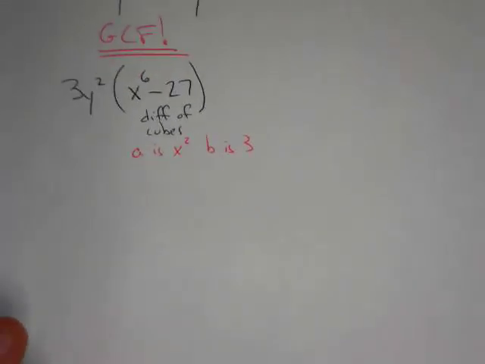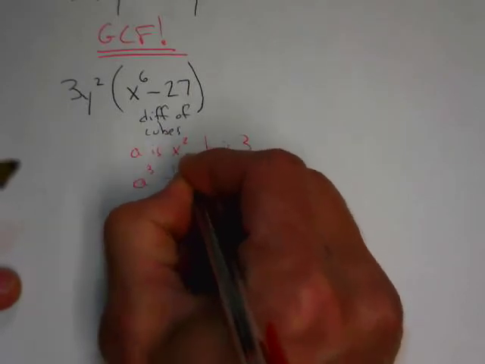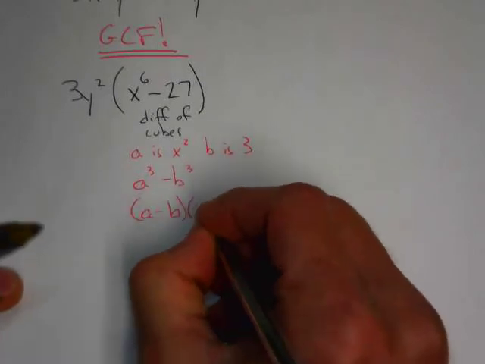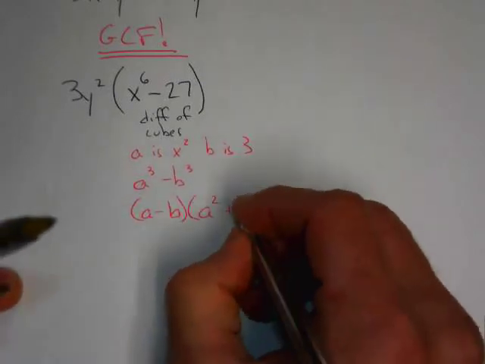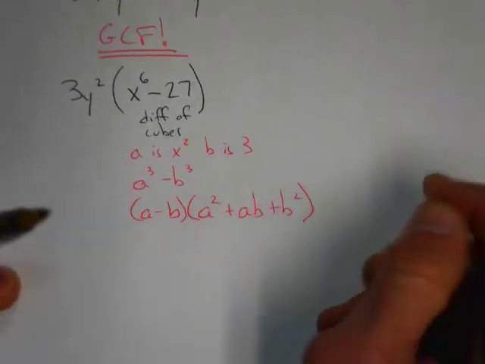This is totally challenging. I love this one. And so now we can see that we have a cubed minus b cubed, which leads us into our difference of cubes form, same, opposite, and then always positive, SOAP for the signs.